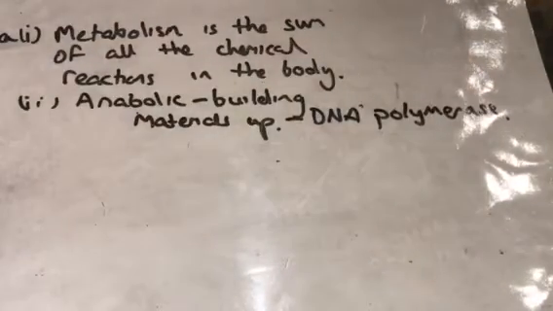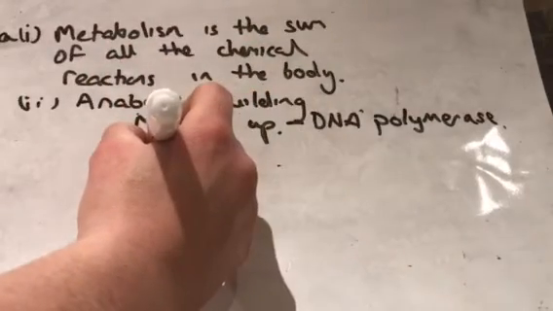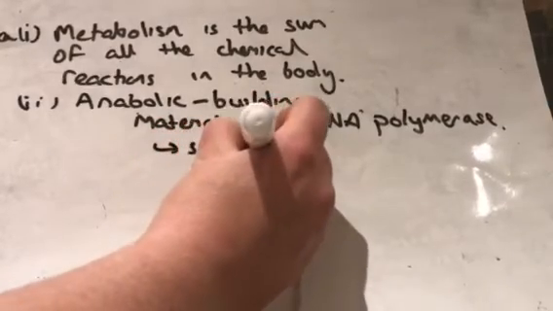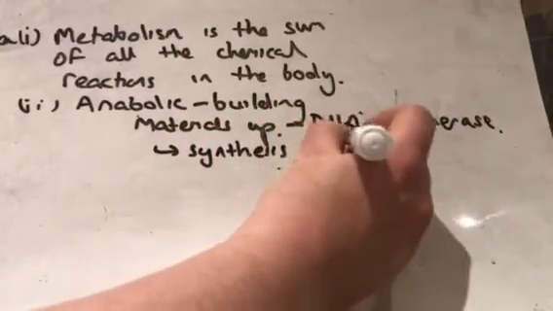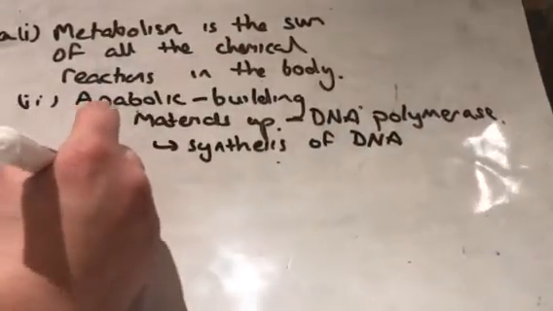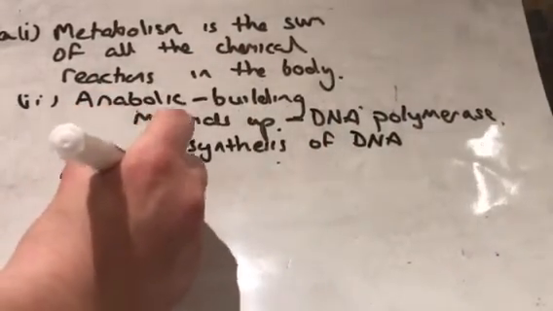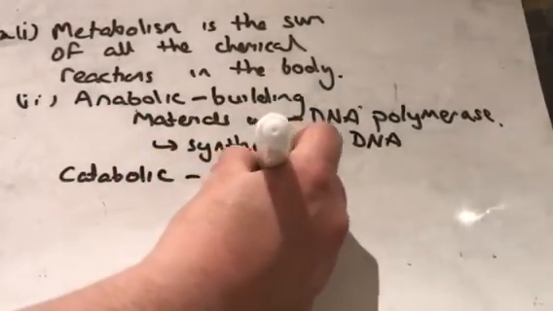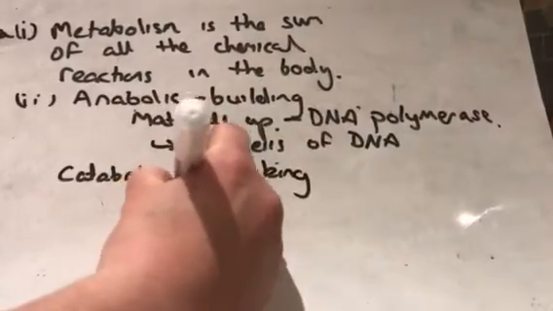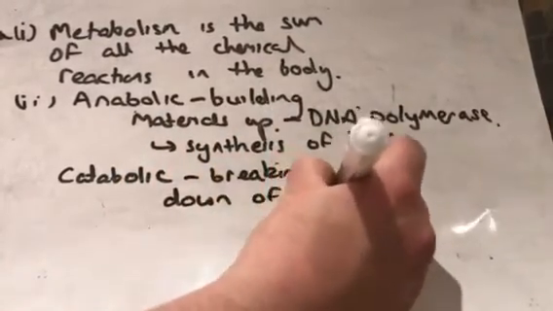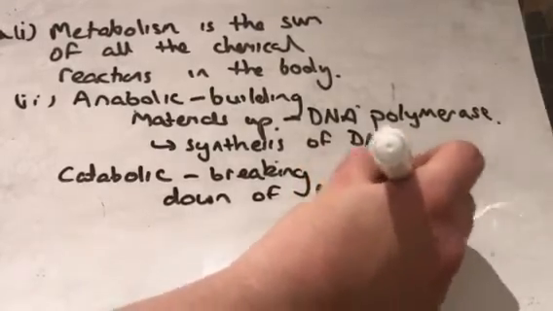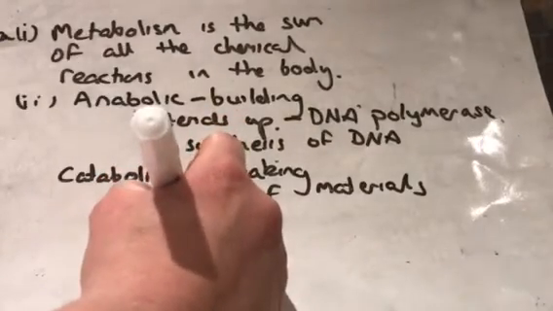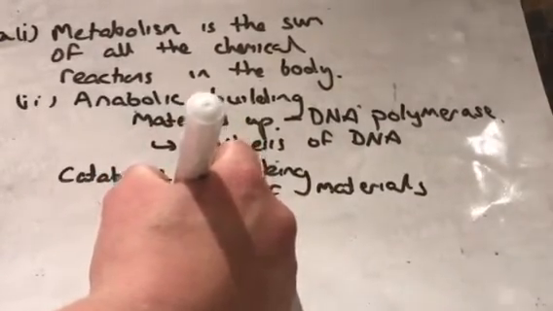Okay, so they're asking us for a reaction. So that's the enzyme that is involved in that, and it's the synthesis of DNA is what it's involved in. Okay, now a catabolic, that's a little bit easier. You're more aware of more catabolic reactions, okay? That is the breaking down of materials. Your example there would be the catabolic enzyme would be something that's going to, for example, break down our food.